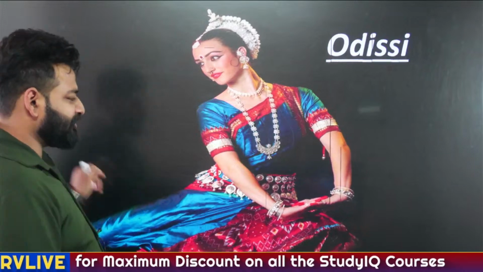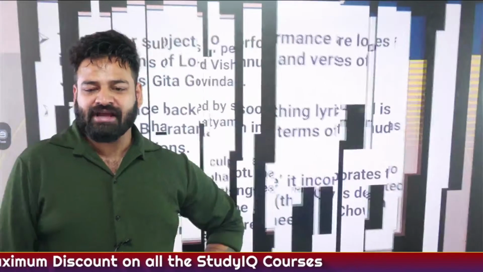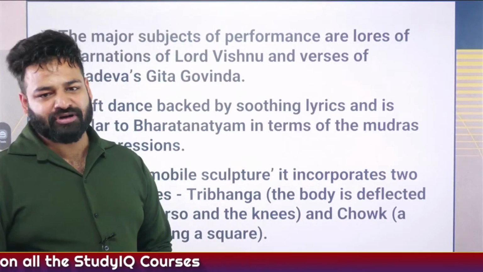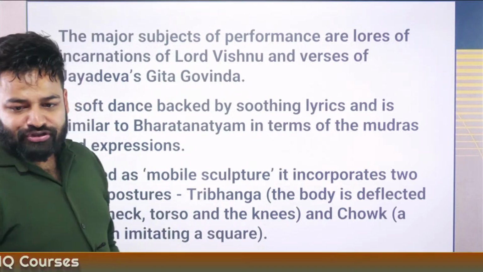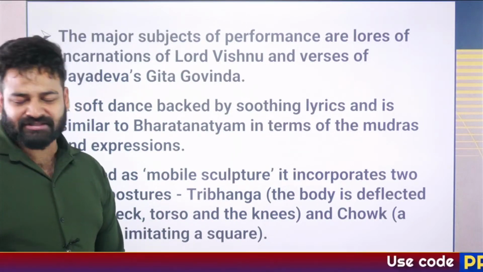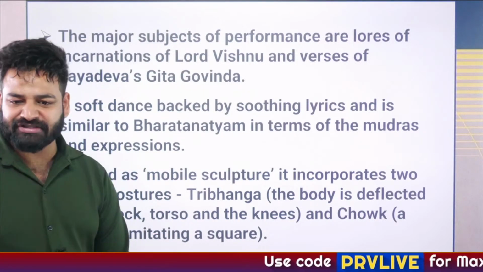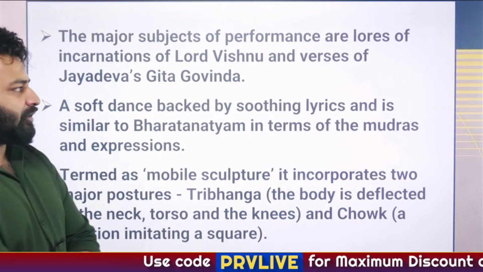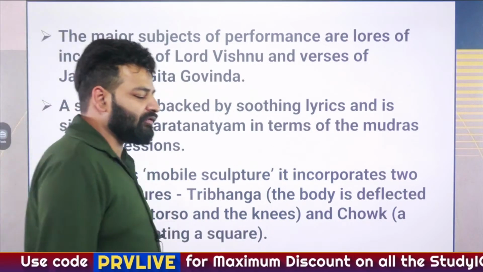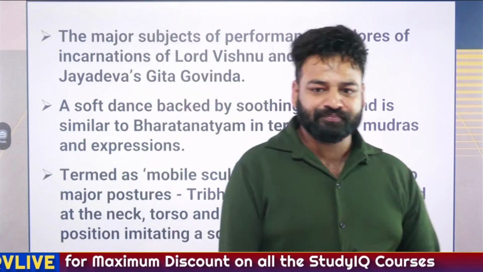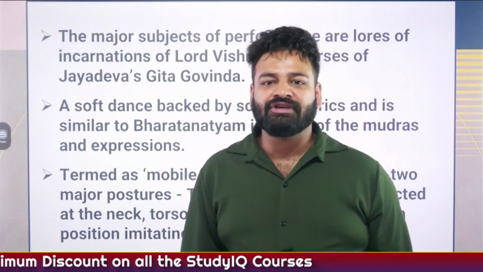Erstwhile it was termed Orissa, but the actual name is Odisha. So what are the major facts we need to understand with regard to the dance of Odissi? The major subjects of performance are the lores of incarnations of Lord Vishnu, or even the verses from Gita Govinda written by Jayadeva.